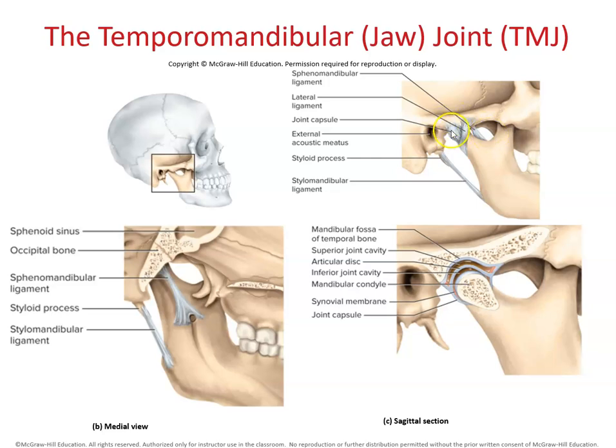The joint capsule is containing the synovial fluid there, and the articular disc we can see between the superior and the inferior joint cavities.